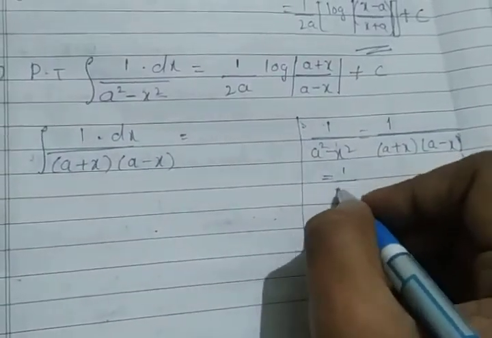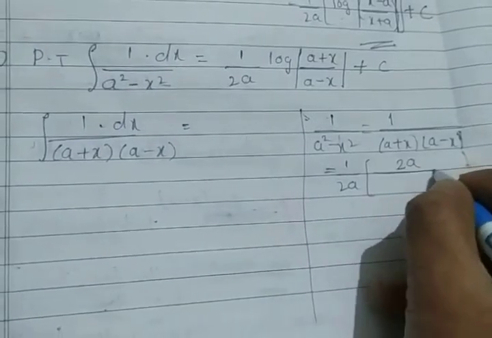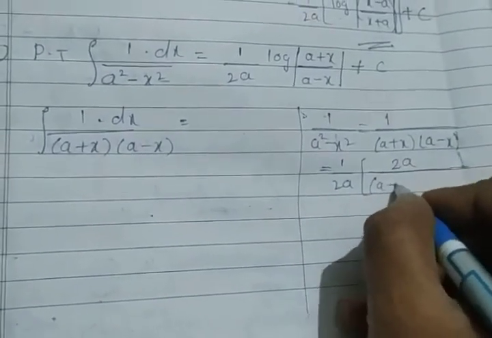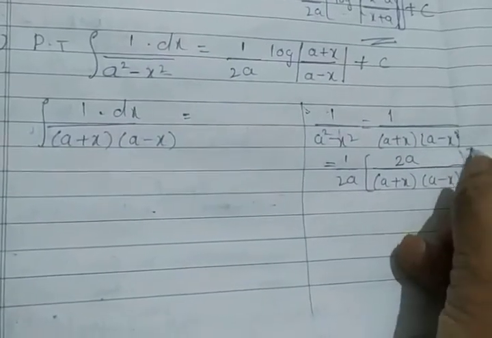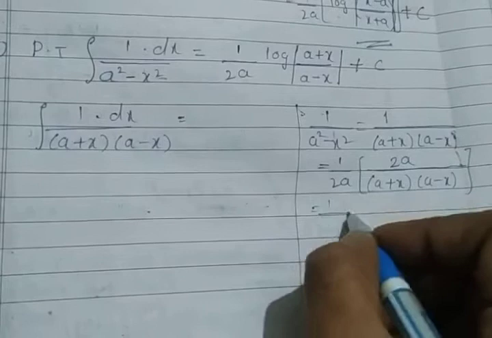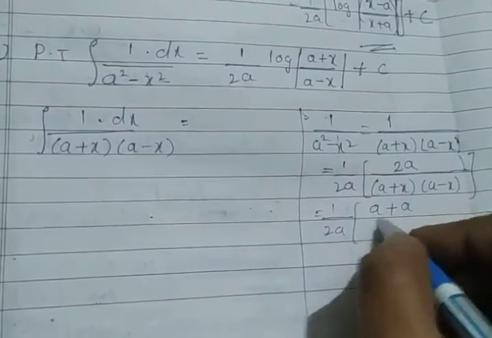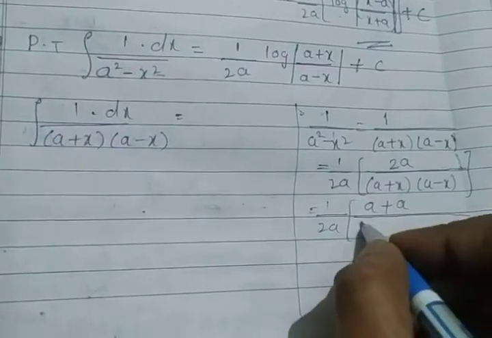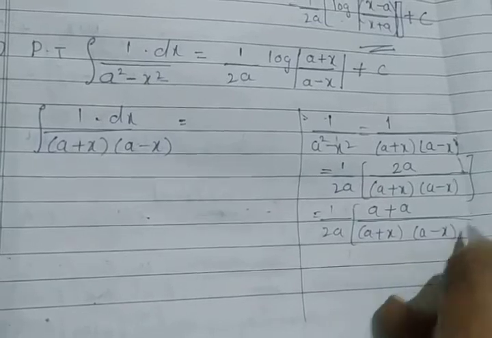So multiply and divide by the 2a. 1 by 2a into (a plus a) divided by (a plus x) into (a minus x).